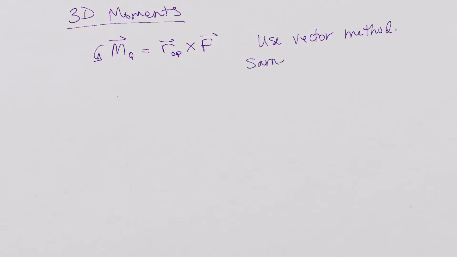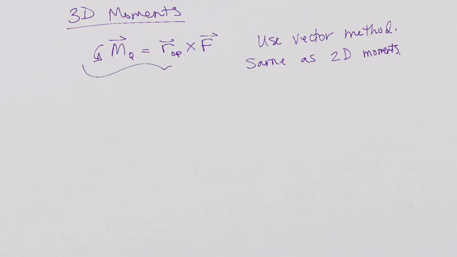So the moment about an axis Q equals R OP crossed with the F. So we want to use the vector method. Other than that, it's the same as 2D moments.